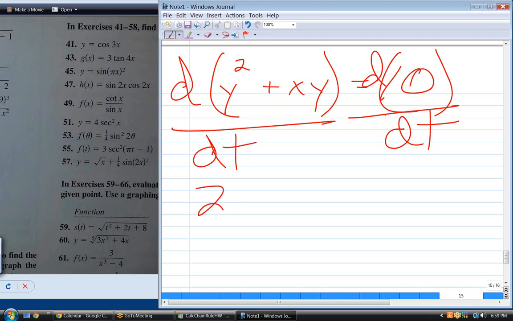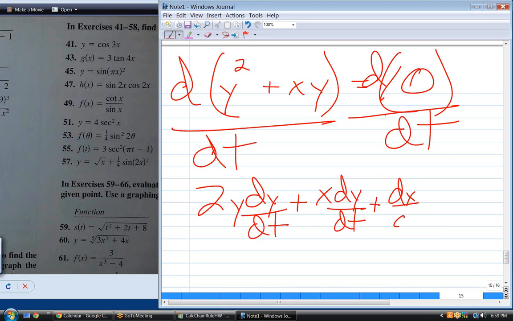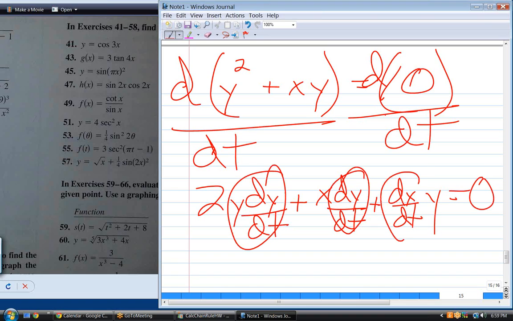So this becomes 2y dy dt plus x times dy dt plus dx dt times y equals 0. And now notice you have a dy dt, you have a dy dt, and you have a dx dt.